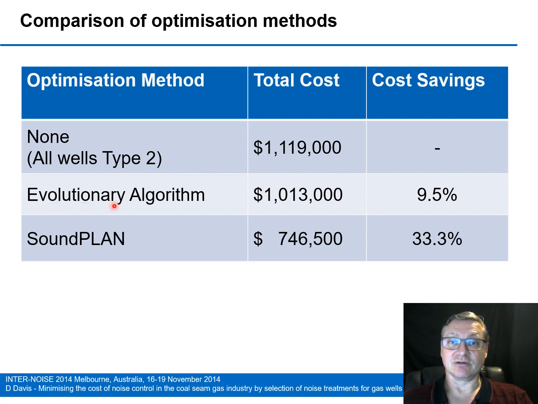The evolutionary algorithm chose a combination of different noise control treatment options for different wells for a total cost of $1,013,000, which was a cost saving of almost 10%. And SoundPlan's Expert System Industry module, the inbuilt optimization module in SoundPlan, selected different noise control treatment options for the wells for a cost of $746,500, which is a cost saving of about 33%.